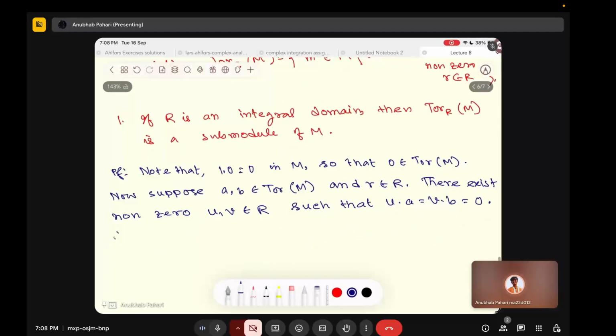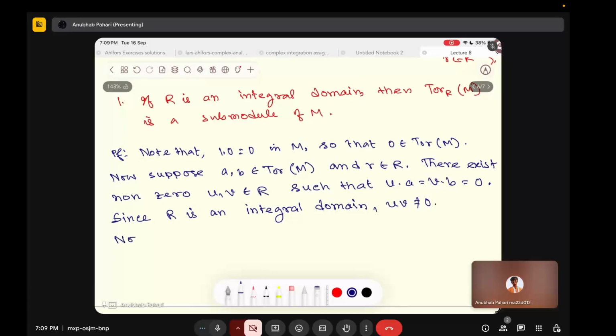Now since capital R is an integral domain, we have u dot v not equals to 0.